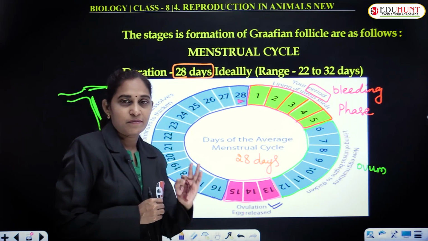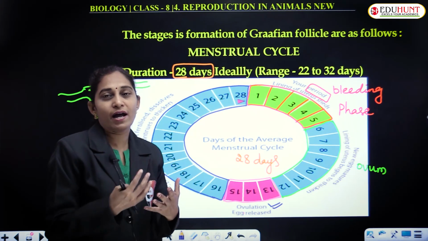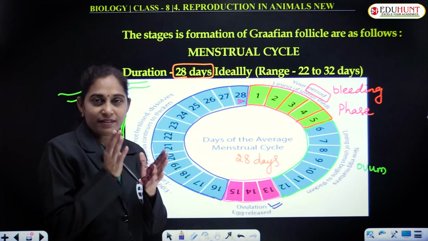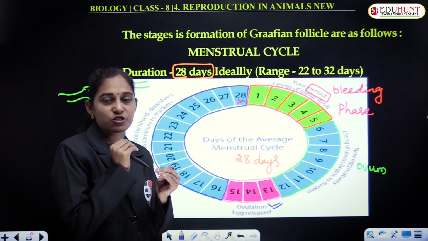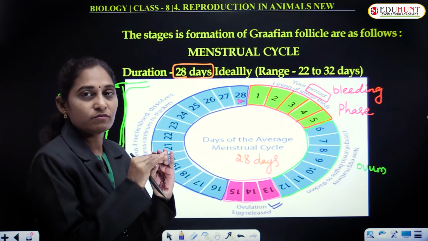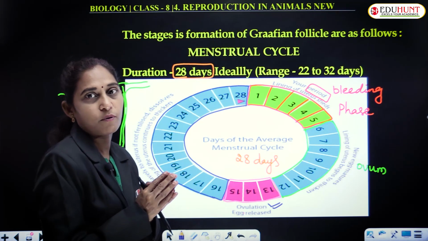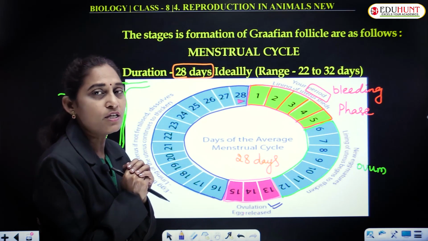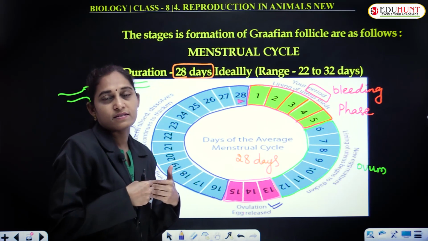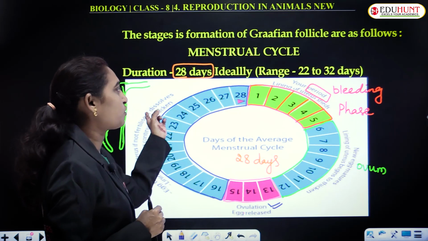Ovulation on the 13th to 15th day: these 3 days the egg is ready. The mature egg is now available for fertilization. If fertilization happens, that is pregnancy: if it gets fertilized by the sperm, it forms the zygote. From the zygote in the uterus, the embryo and then the whole fetus, the individual, develops. If not fertilized by the sperm, then the uterine wall thickens, the thickening continues, and it sheds on the 28th day.